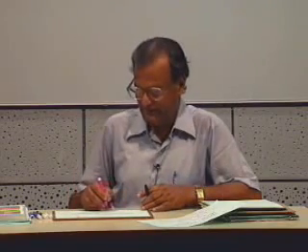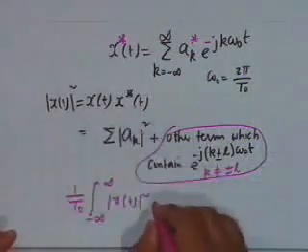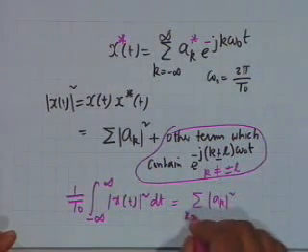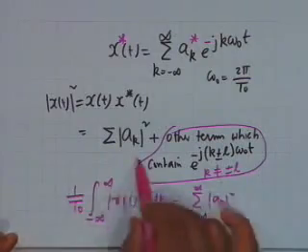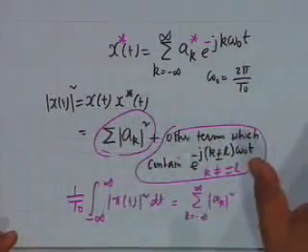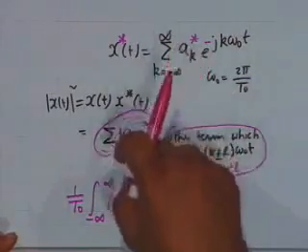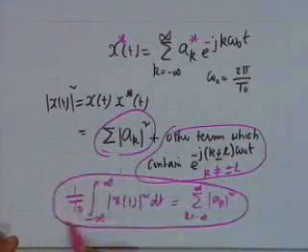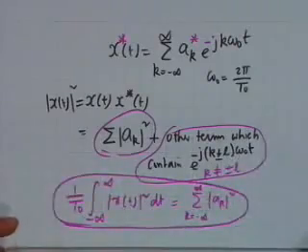It is only this term which shall remain, and if you divide both sides by T0, then what you get is 1/T0 times the integral of |x(t)|² dt equals the summation of |a_k|², k equal to minus infinity to plus infinity. You are integrating over one period, then divide by T0, and therefore T0 cancels. And this is the proof of Parseval's relation for periodic signals.